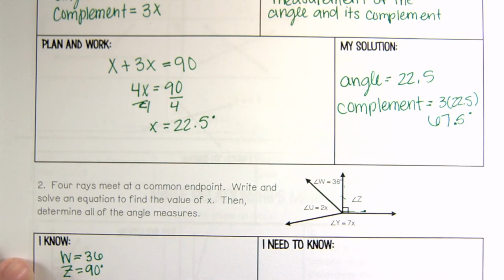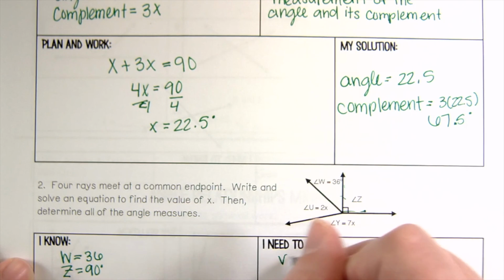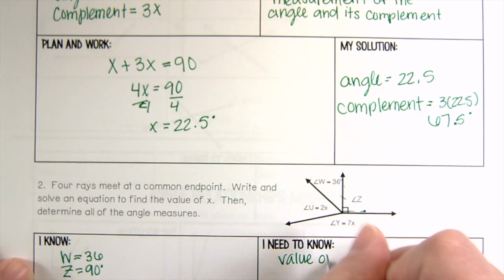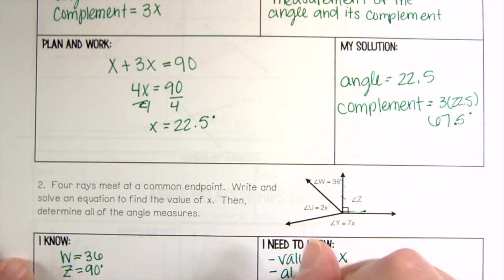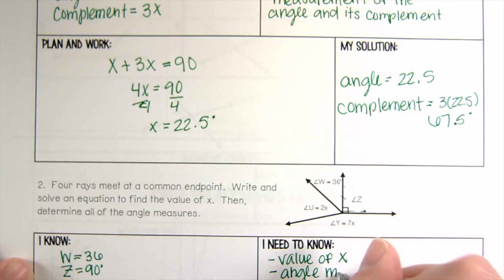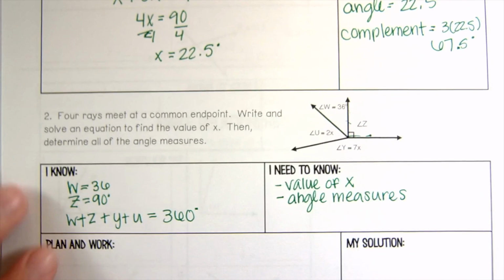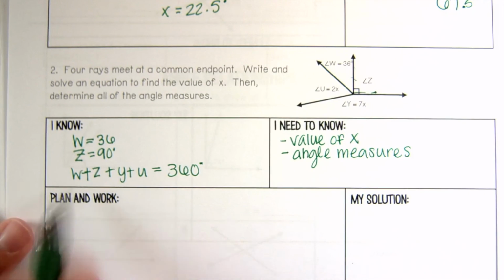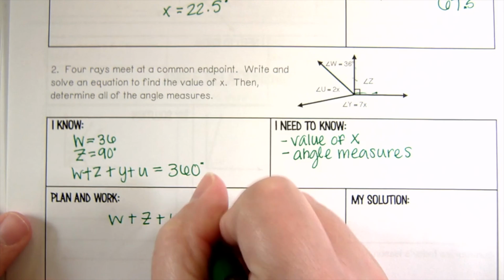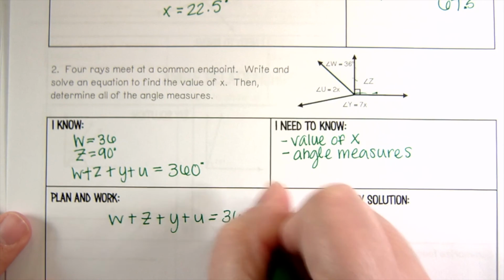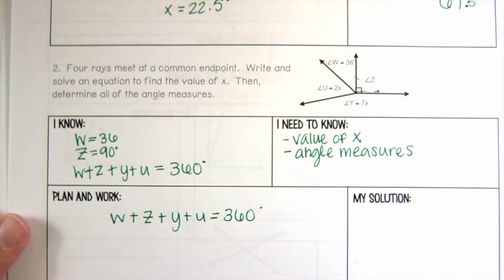What am I looking for? So the value of x, and what else? The angle measures. So if I know W plus Z plus Y plus U equals 360 degrees, I'm going to plug in the information I have for those.